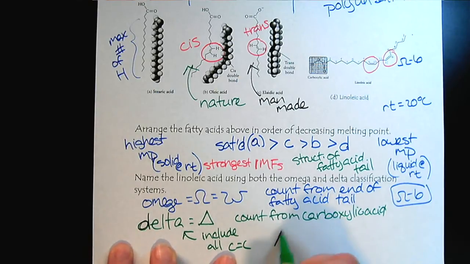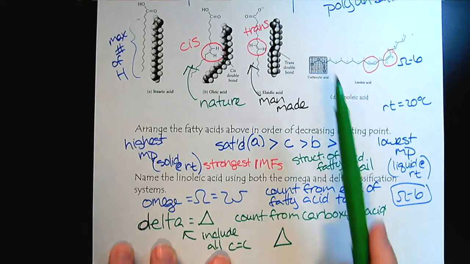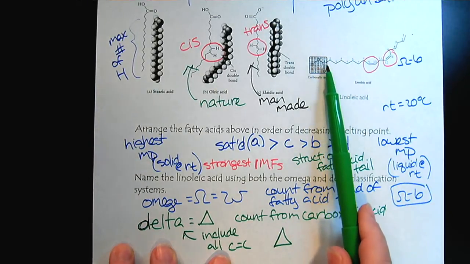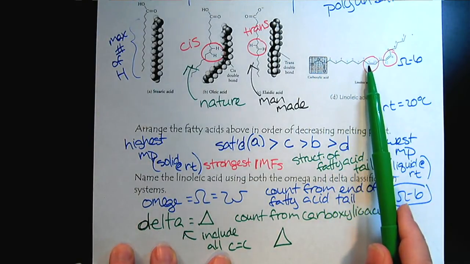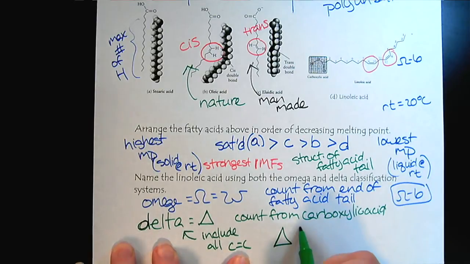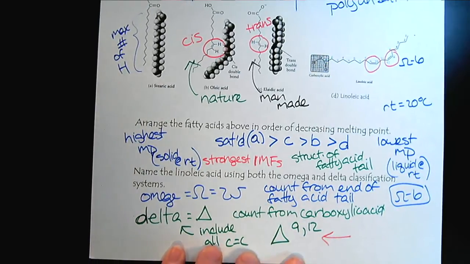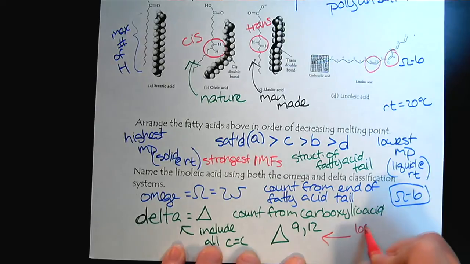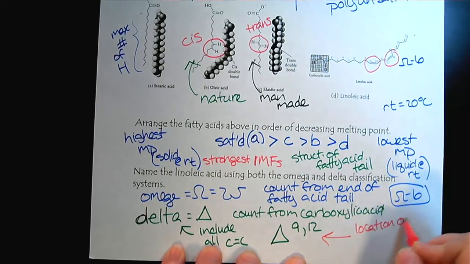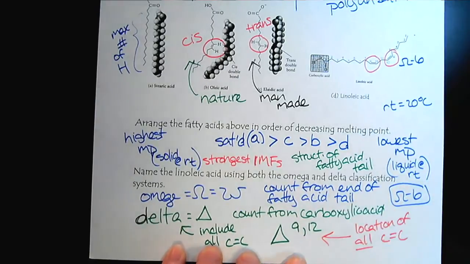But with the delta, now we're going to count from the carboxylic acid. So we would say that this is delta 9, 12. The location of the double bonds is a right superscript, and we would show all carbon-carbon double bonds.